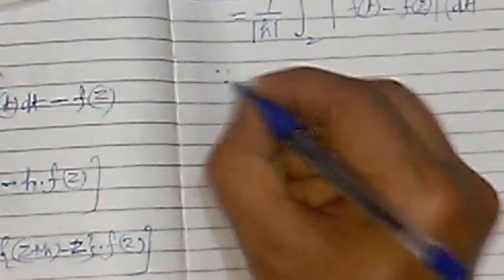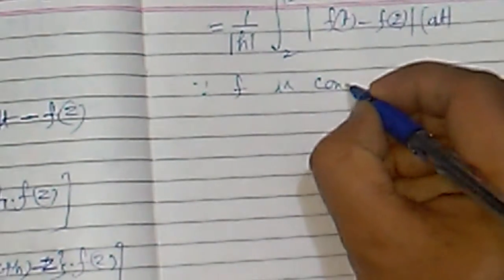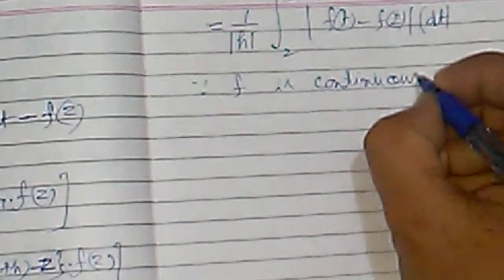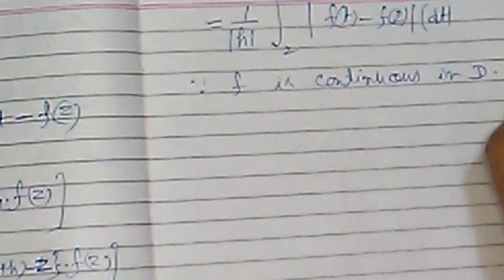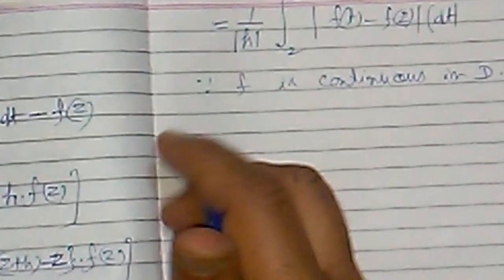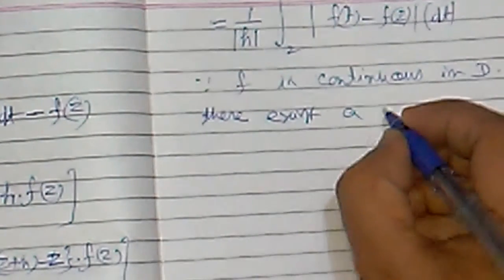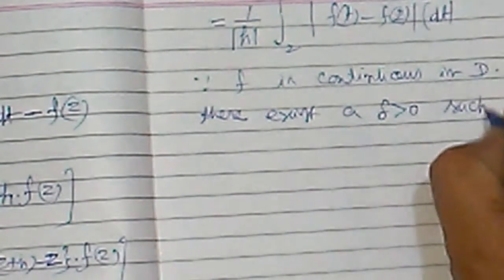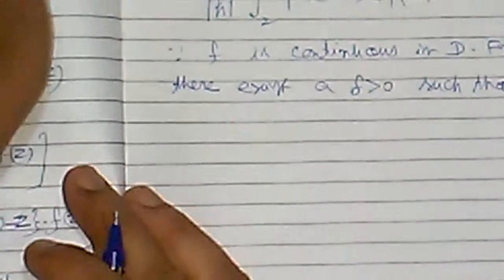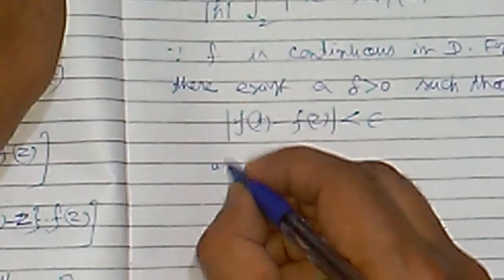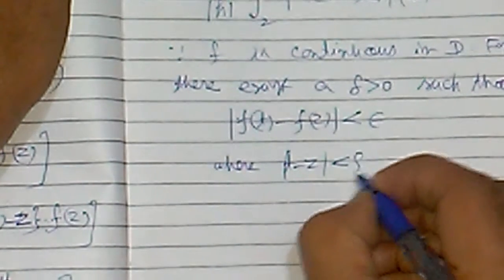Now we know that f is a continuous function in D, which is given in the statement of Morera's theorem. So f(z) is continuous in D. For a given epsilon greater than 0, by the definition of continuity, there exists a delta greater than 0 such that modulus of f(t) minus f(z) is less than epsilon, where modulus of t minus z is less than delta.